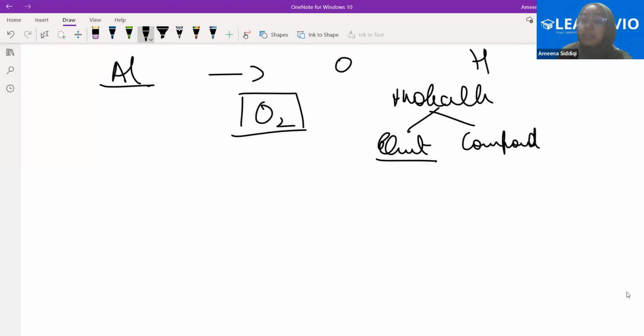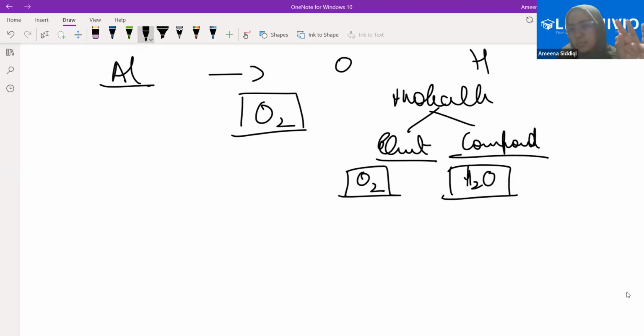If two atoms are there but different atoms, that means it's a compound. Example, O2. This clearly means there are two atoms, but the same atoms of oxygen. Then it's a molecule, but an element. If I write H2O, clearly three atoms, but different atoms. Two of hydrogen, one of oxygen. Clearly it's a compound. Clear?